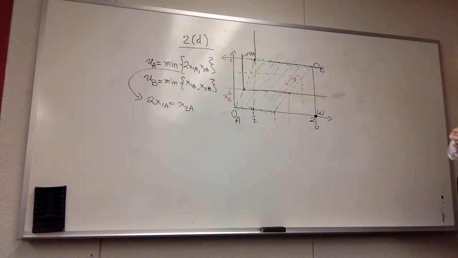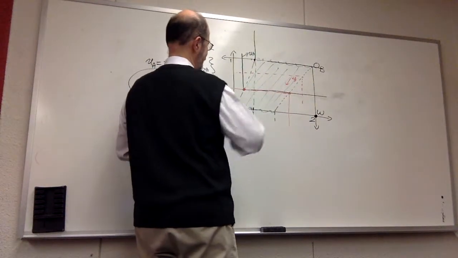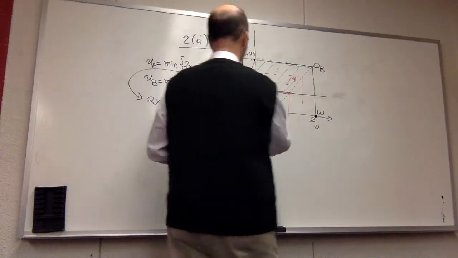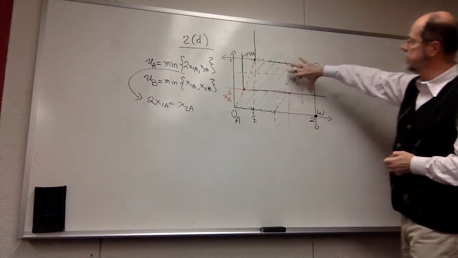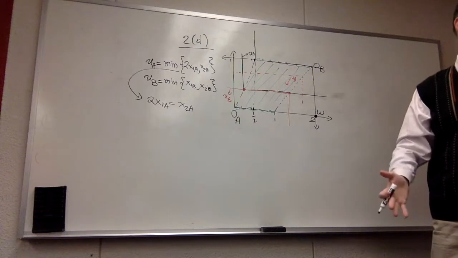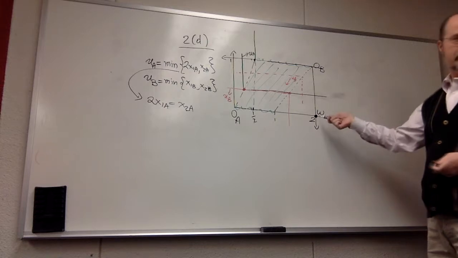For person A, that's very simple. The axis passes through that. So from the point of view of person A, I need to be anywhere in the box, and he still is just as well off as, or better off than at the endowment.